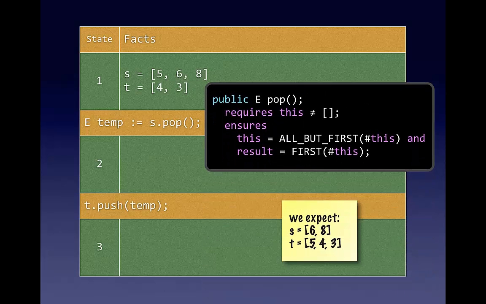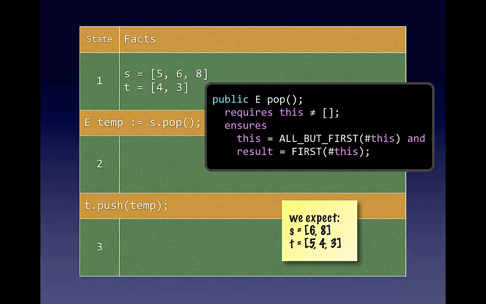The specification for the pop operation has a requires clause and an ensures clause. A requires clause is a precondition. It tells you what needs to be true in order for you, the client, to call the operation. In this case, the precondition is saying that the current object denoted by this cannot be empty.